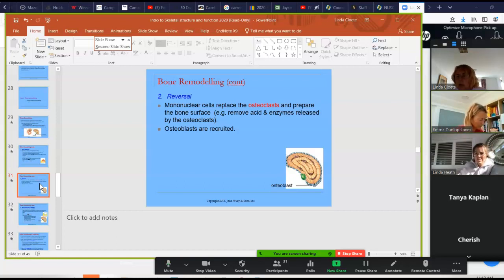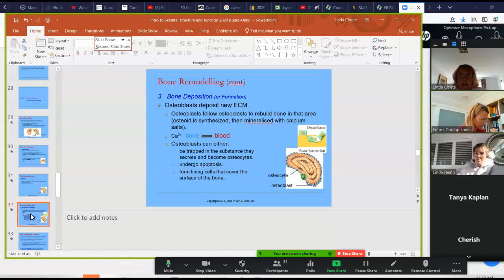And then the next phase is your bone deposition stage. That's the osteoblasts now laying down more bone and it becoming mineralized, and the calcium returns from the blood and gets deposited in the bone.